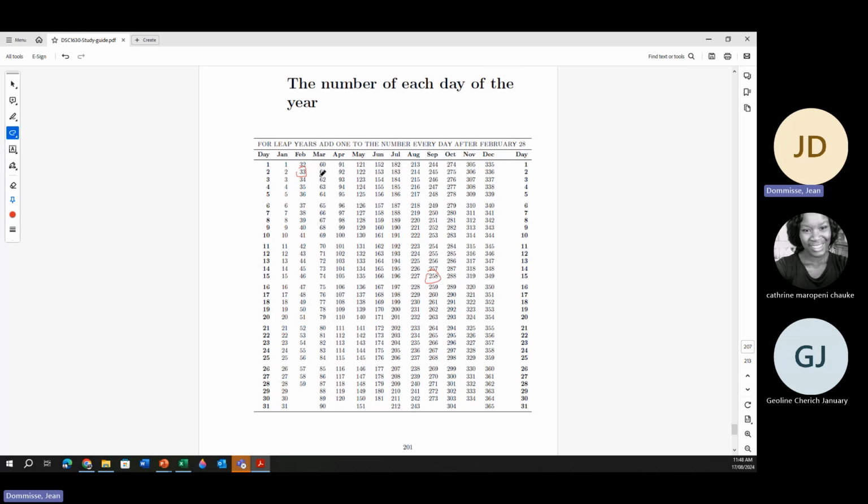Okay, so we're not going to count it by looking at a calendar or anything like that. You're going to use this table to see how many days is in the calculation that we need to use. But I have a question that we will work through that does look at that.